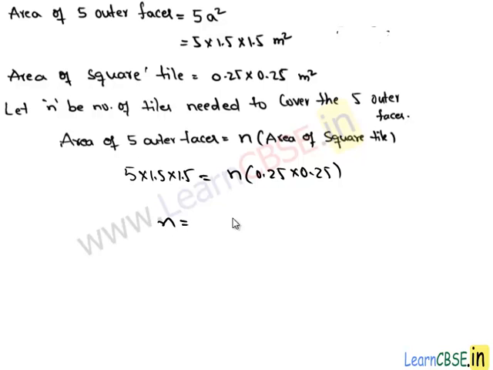By transposing this, we get n is equal to 5 times 1.5 times 1.5 divided by square of 0.25, and it is equal to 180. So the number of tiles needed to cover the 5 outer faces is 180.